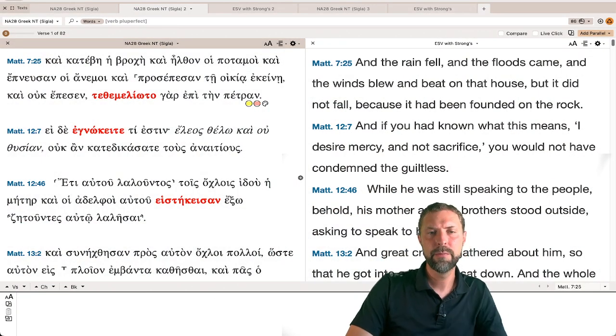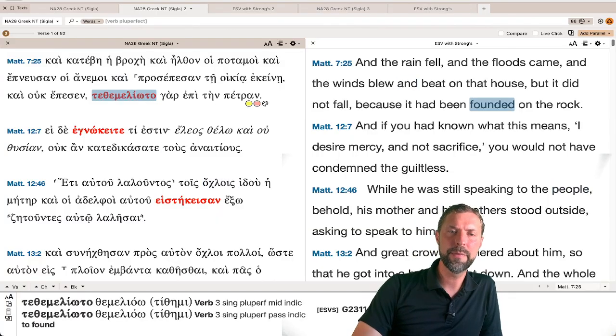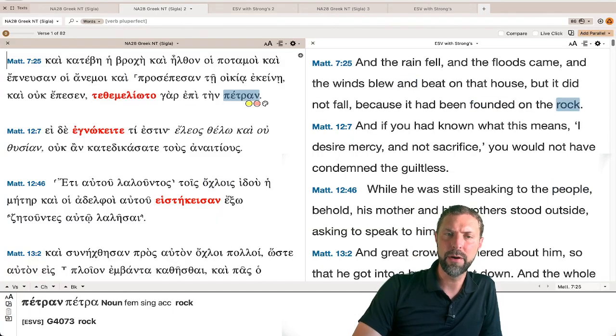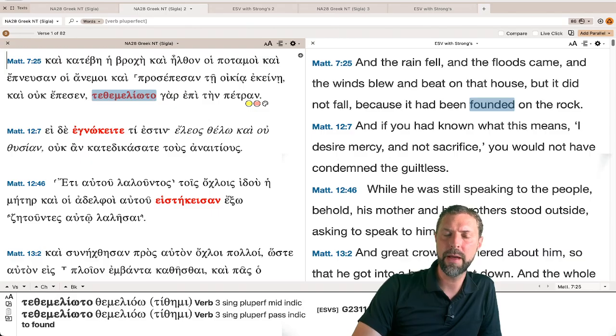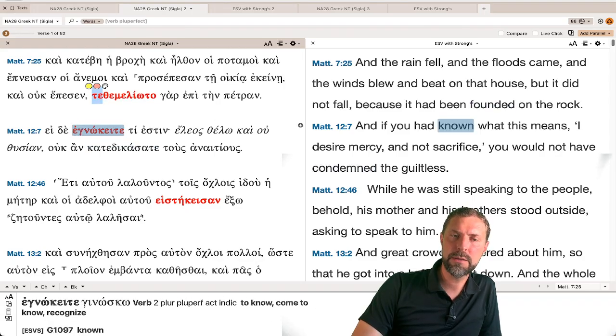With the pluperfect, just so you can see some examples, they don't occur a whole lot. But here would be examples. It had been founded upon a rock. It comes from themelioo. Themelios might be a familiar word for you. Here's the stem right there, themeli. And it's reduplicated. So expect with the pluperfect, you will see reduplication. This is actually an expression of the reduplicated stem anyway.